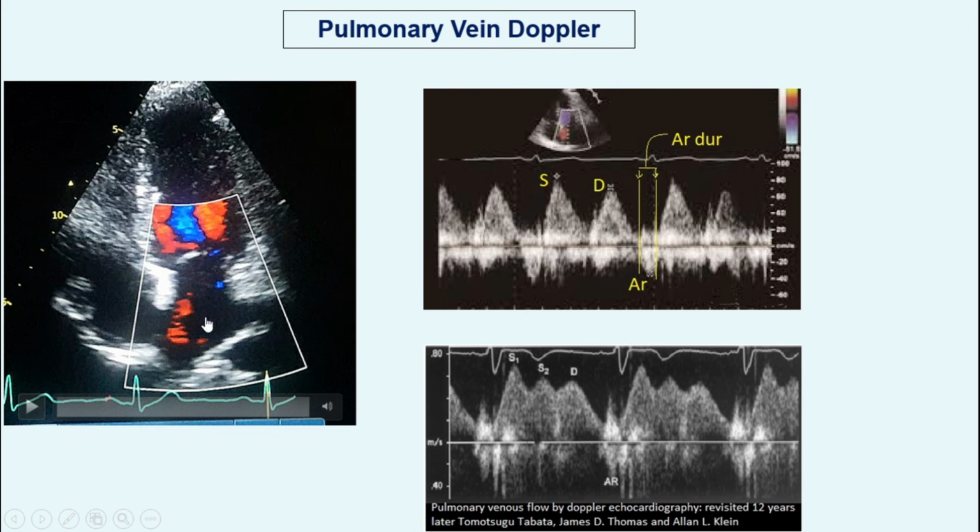So with atrial contraction, there is a force against the pulmonary vein, and blood flow goes backward. It gives us a negative shift in the Doppler. And we measure the peak of the AR and the duration of AR. Just for this measurement, again, always correspond with the EKG.